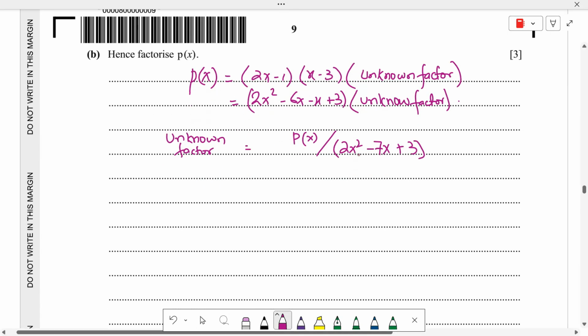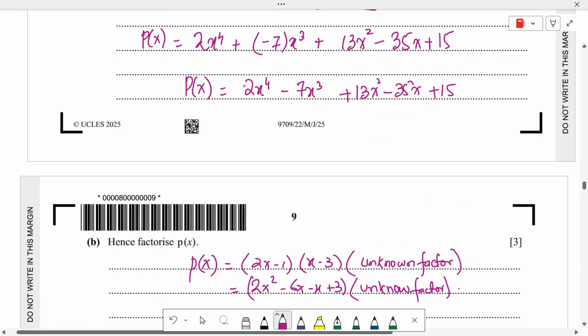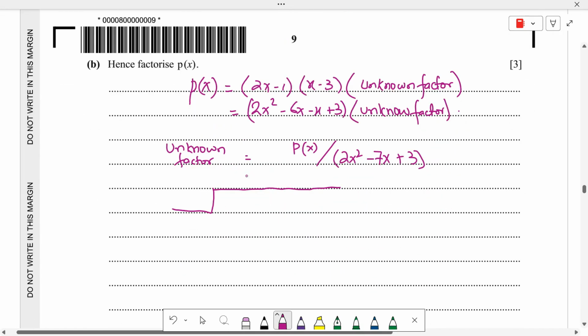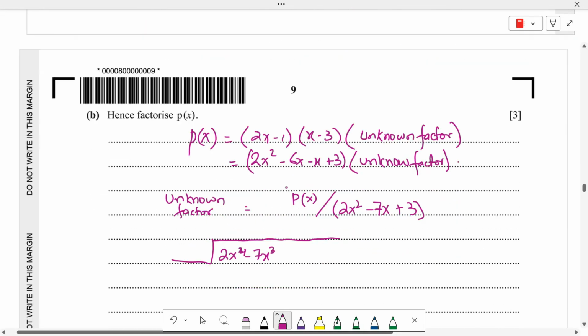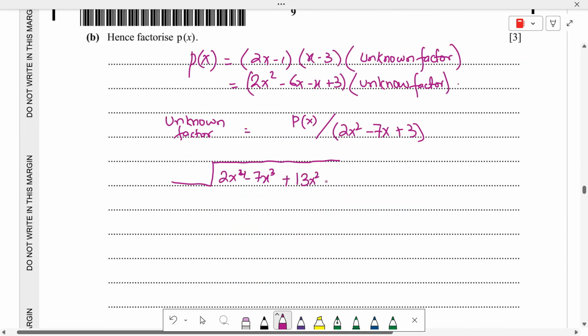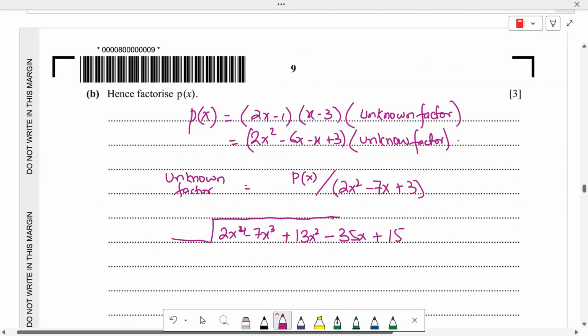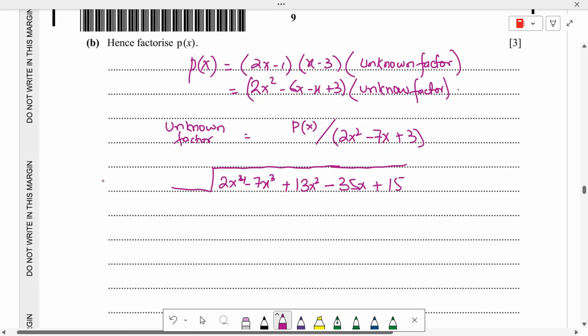Okay, divide p of x with this quadratic equation. So p of x is 2x to the power of 4 plus 13x square minus 35x plus 15, and we divide it by 2x square minus 7x plus 3.